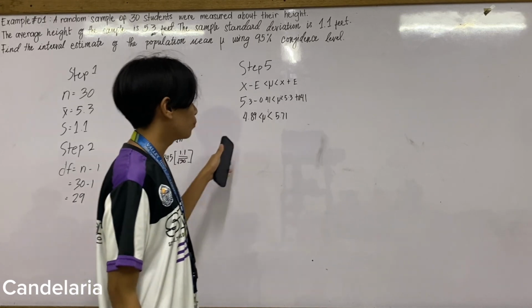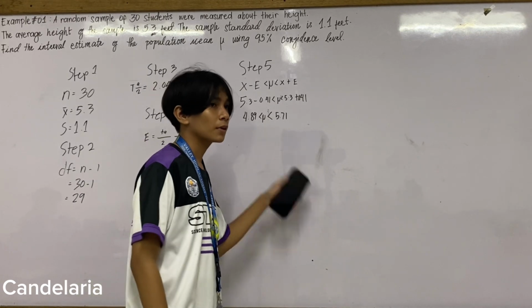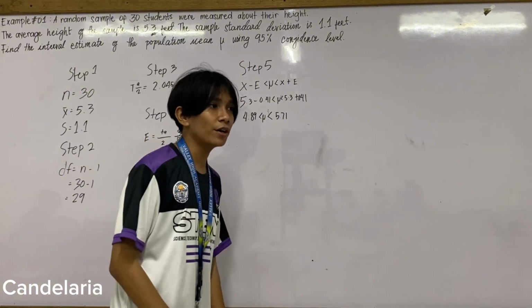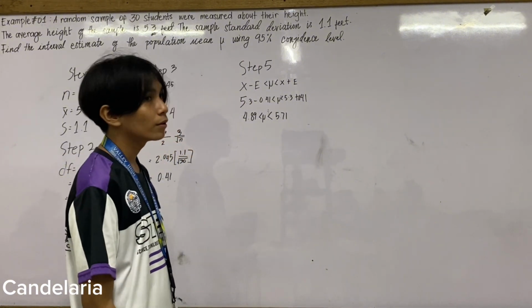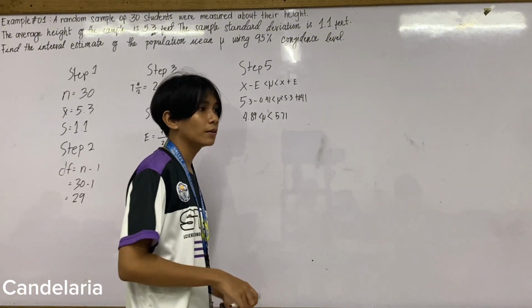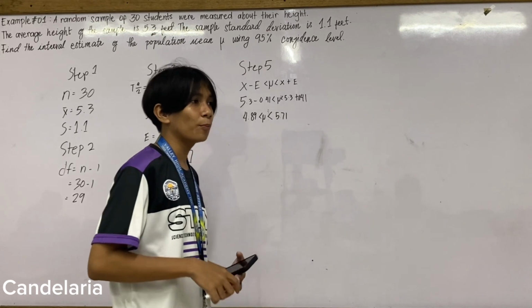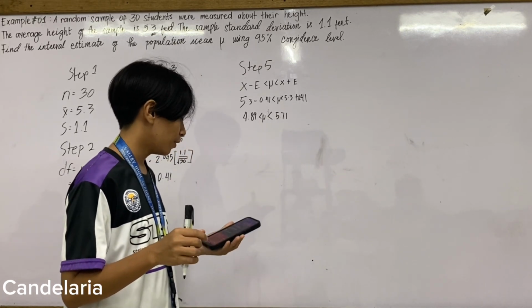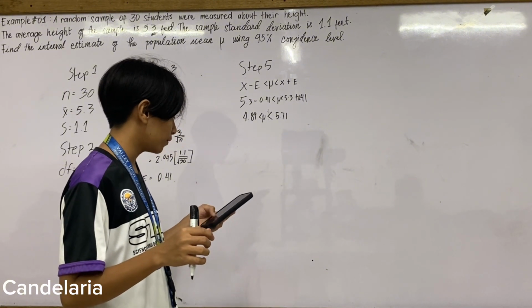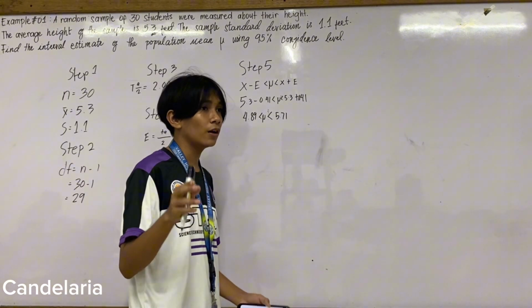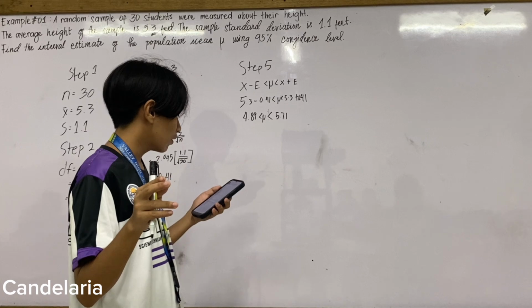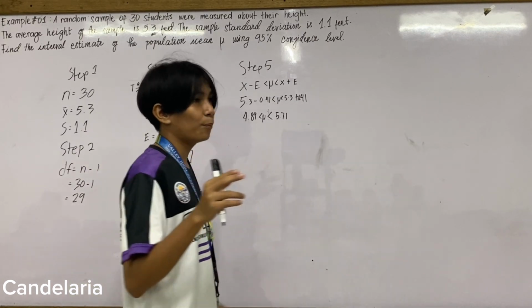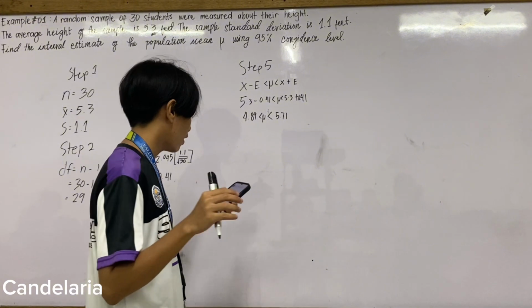After we subtract and add the sample mean and the margin of error, we know the confidence interval. So our step 6 is to list the lower confidence limit and upper confidence limit.